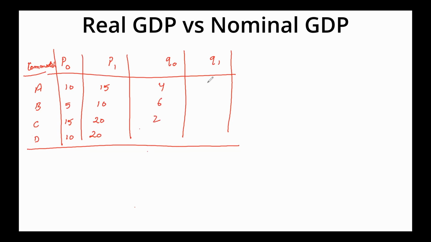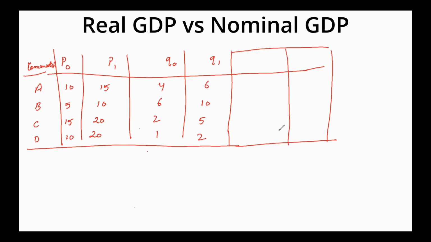Now, very simple format में example मैं आपको clear करने जा रहा हूं. Look at this. I told you right now that if the value of current year output, this Q1, is current year output, clear, multiplied by base year price, which is this one, P0, so we are multiplying Q1 and P0.